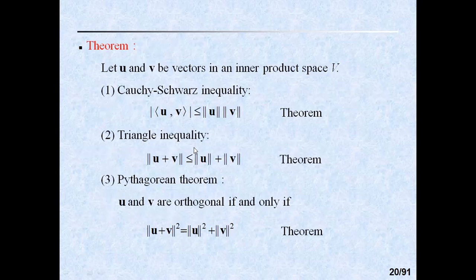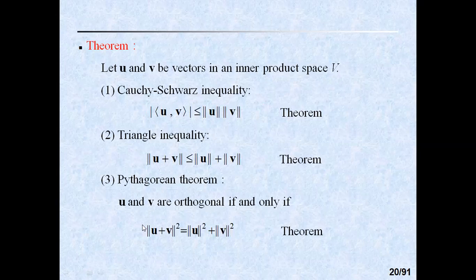These are the important three theorems already discussed. Revise them once here. Cauchy-Schwarz inequality: if u and v are two vectors in the inner product space V, the Cauchy-Schwarz inequality is modulus of inner product of u comma v is less than or equal to norm u into norm v. Triangle inequality: norm u plus v is less than or equal to norm u plus norm v.